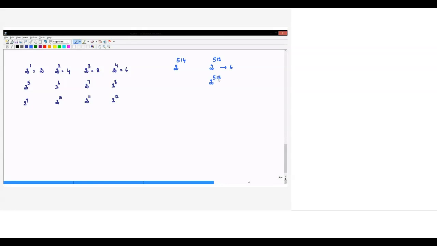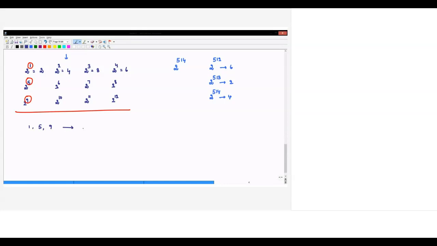That ends with how much? 2. 2 power 514. It ends with how much? 4. Right? But I want you to observe the power here. Powers are 1, 5, 9. If you go on like this, look at the powers 1, 5, 9.